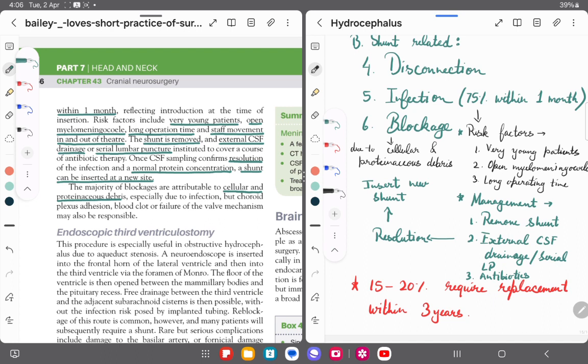Other causes are choroid plexus adhesions, blood clot, and failure of the valve mechanism.